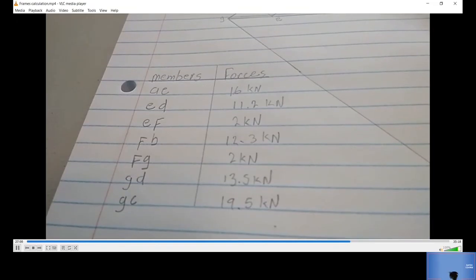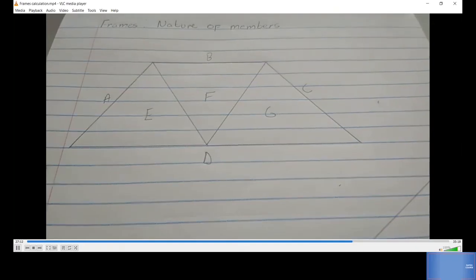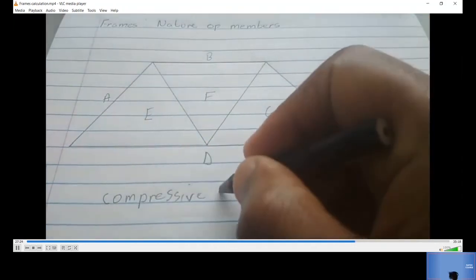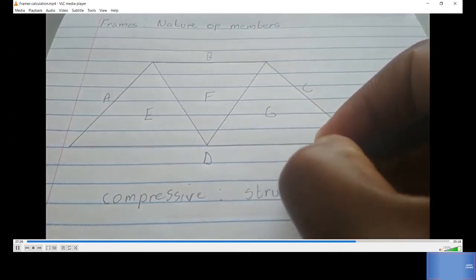Thank you very much. Today we're doing the last segment on frames, and we'll be talking about the nature of the members of the frame. The nature is such that if a member is facing compressive forces, we say that member is called a strut.